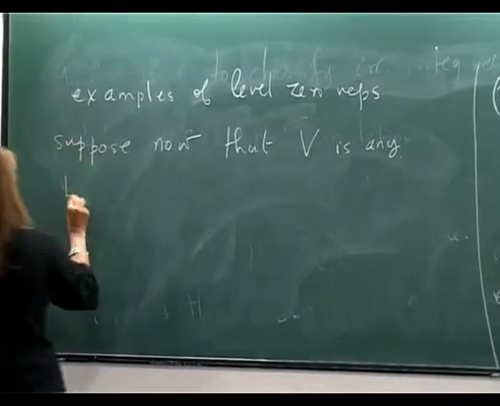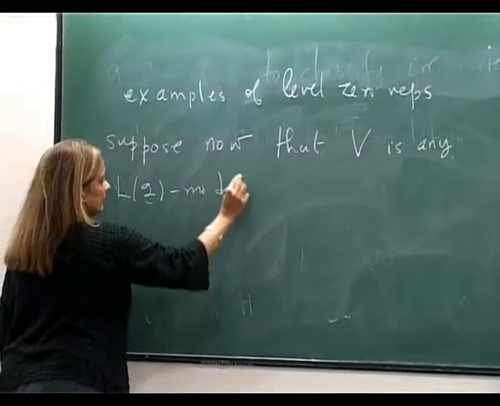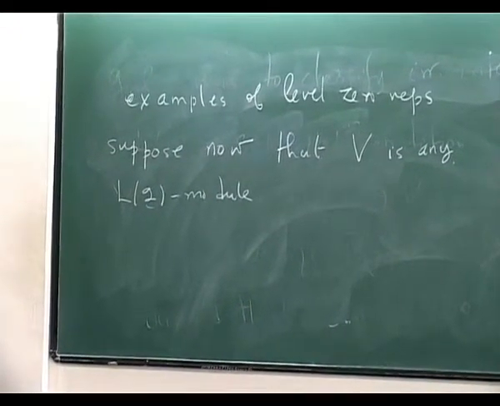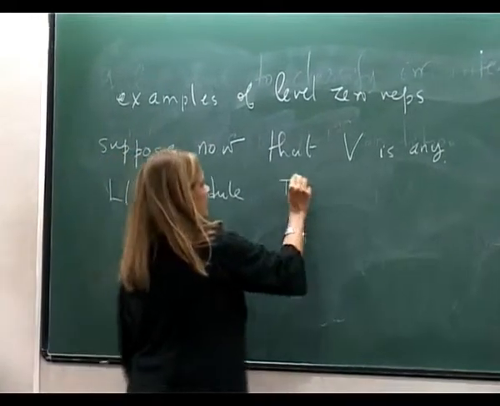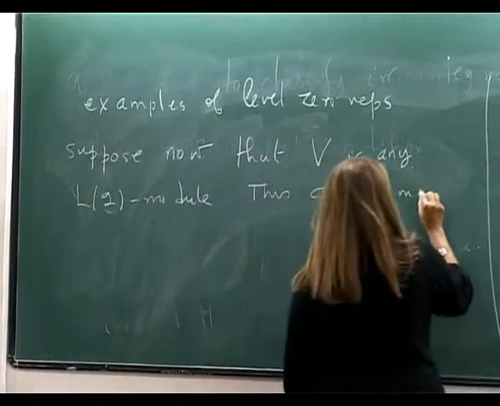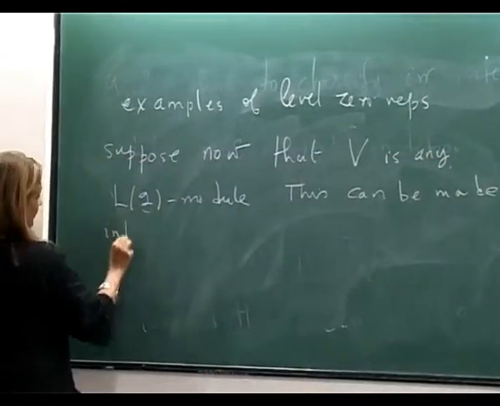Okay? So it's only a module for the loop algebra. I'm not going to put in the derivation. Then this can be made into a level 0 module for the affine algebra by a very similar construction.